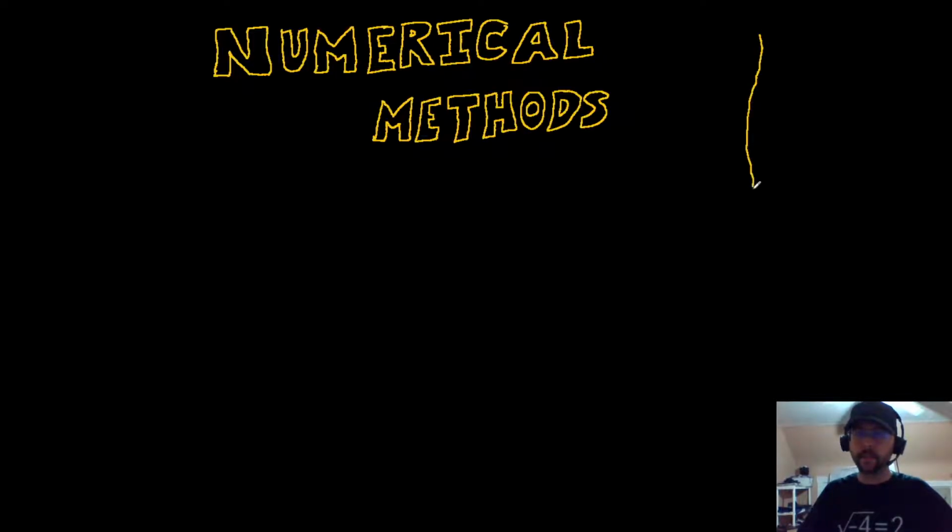XY axis here. Ooh, that's terrible. Try that again. Okay, that's not so bad. All right, so XY, and I want a parabola that I contrived a little bit ahead of time to make it all work out a little nicer.